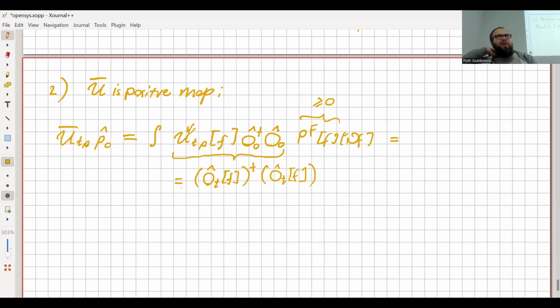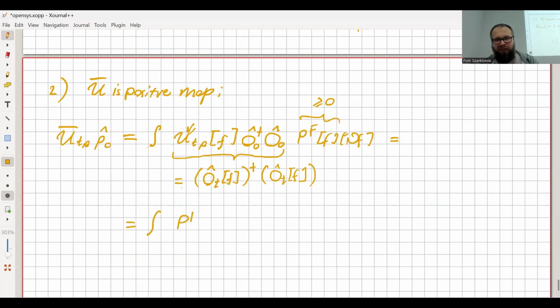Because unitary maps, we checked this previously, will preserve this form, but the operators, the square roots of the density matrix, will depend on trajectories.